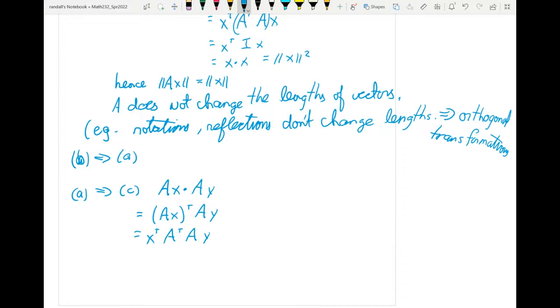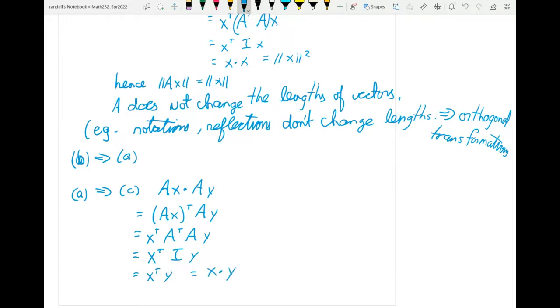I have this product of four matrices. I can choose which two to do first as long as I don't change the order, and I'll do the inner two first. So I'll have x transpose, I, y. Now I don't have to write the identity I there. So I have x transpose y, which is just another way to write the dot product.